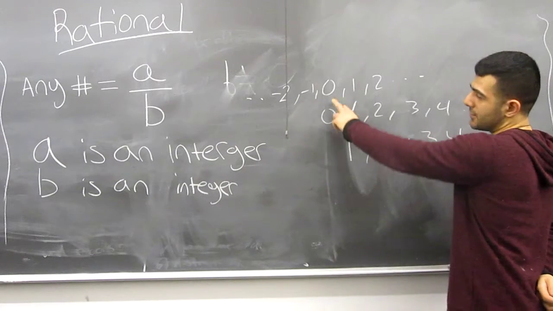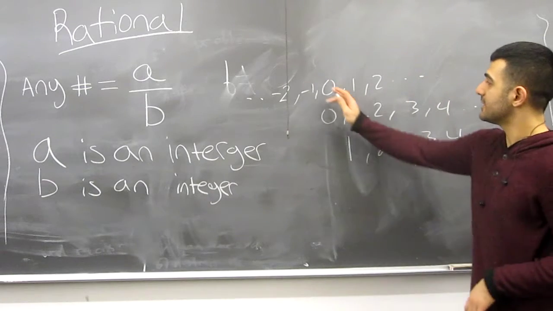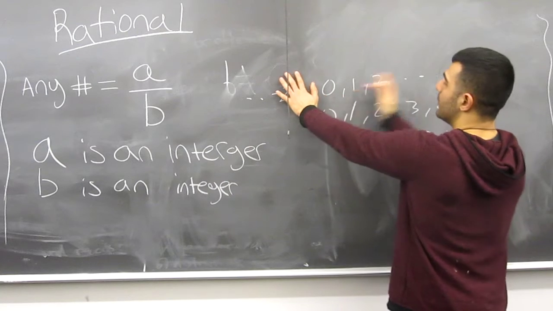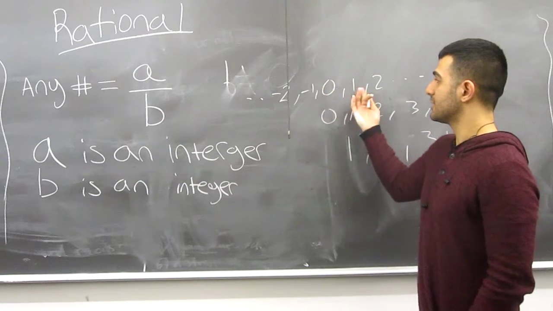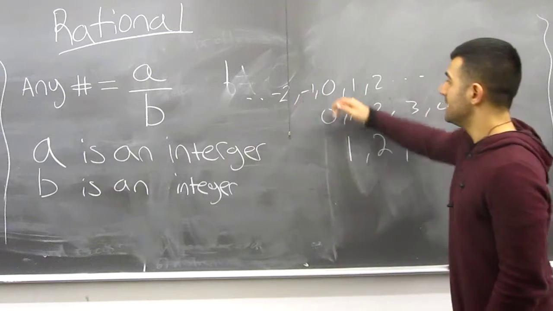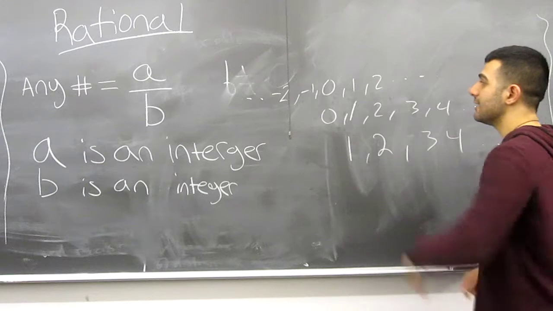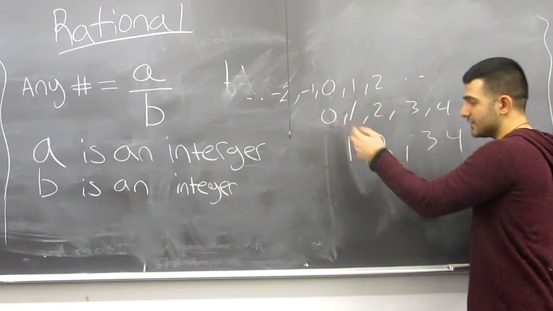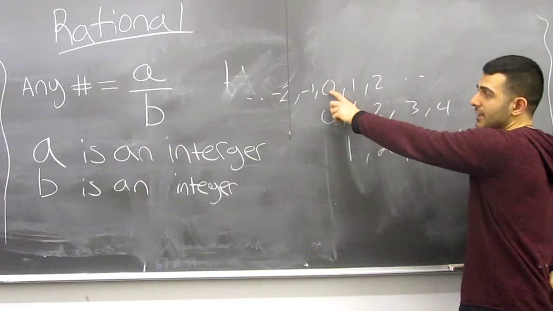The whole numbers are contained in the integers because if you just look at this side of the numbers, it contains the whole numbers. But in addition, the integers contain the opposites. So any number that's a natural number is also a whole number and an integer.